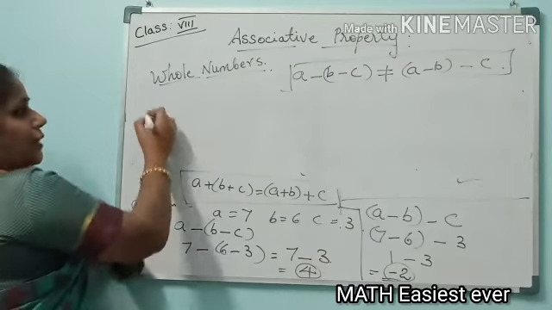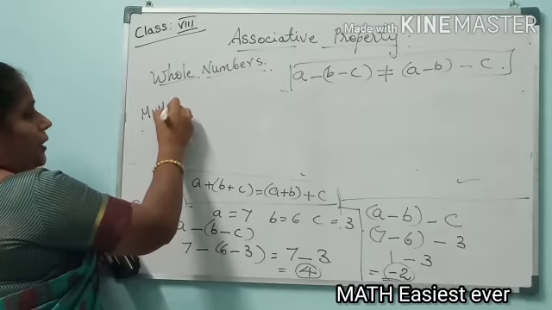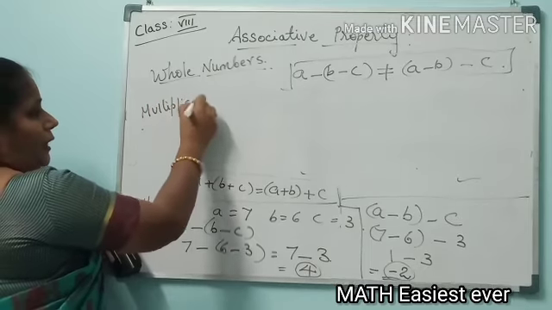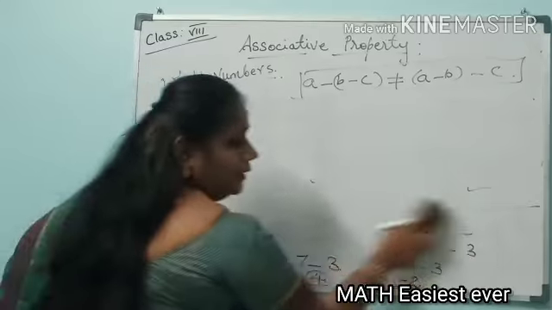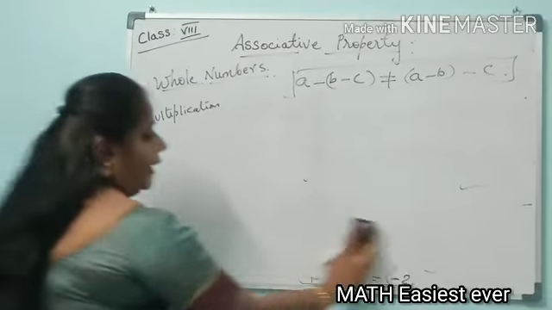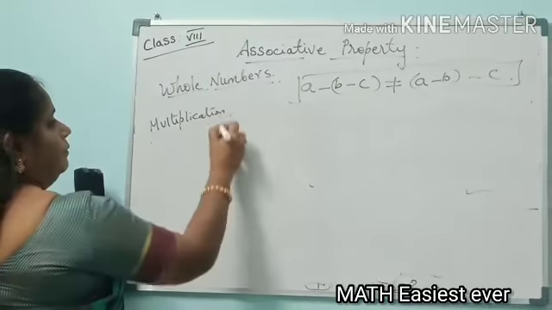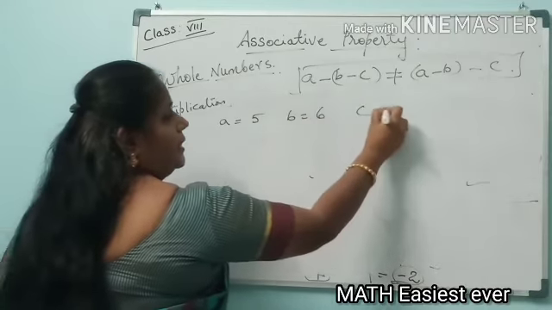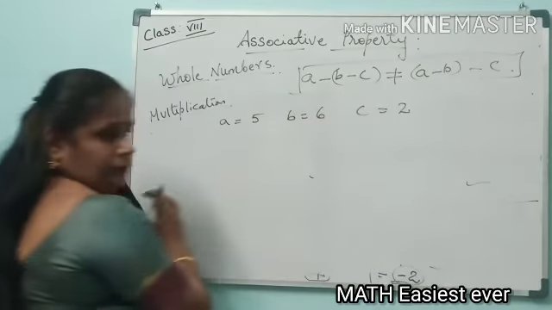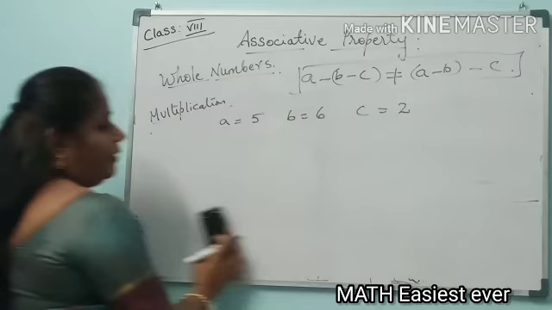Next is what operation? It's multiplication. We are going to go for multiplication. So, let us take any 3 whole numbers, right? Take any whole number A as 5, B as 6 and C as any whole number 2. Okay. Now, what we have to do?